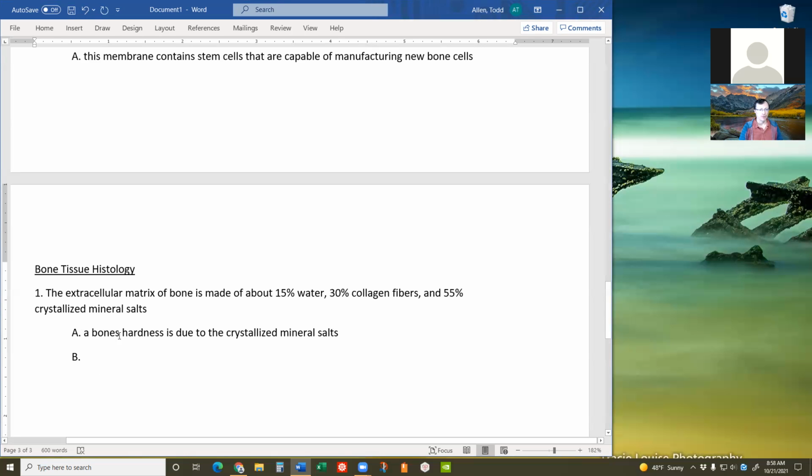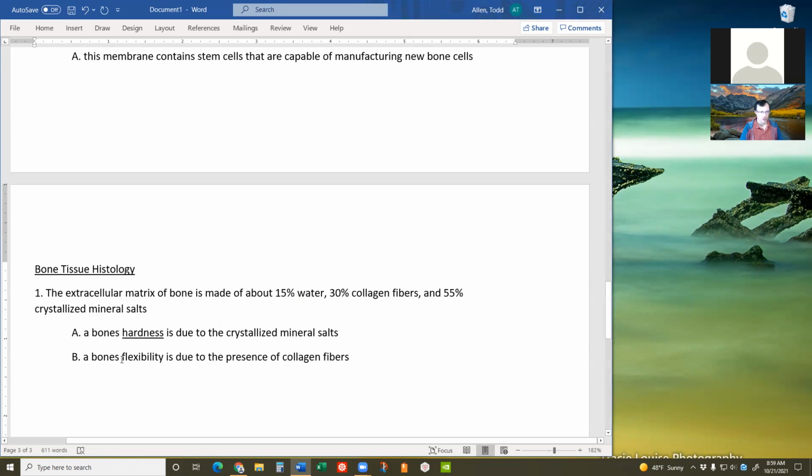So if we think about the physical characteristics of bone, there's hardness that I'm describing, so I'm going to underline that. And there's also flexibility. So a bone's flexibility is due to the presence of collagen fibers.